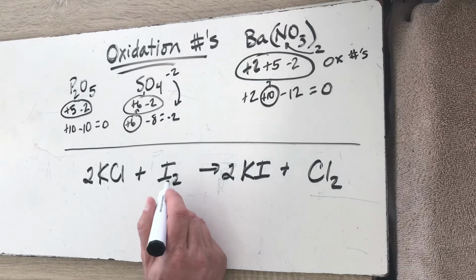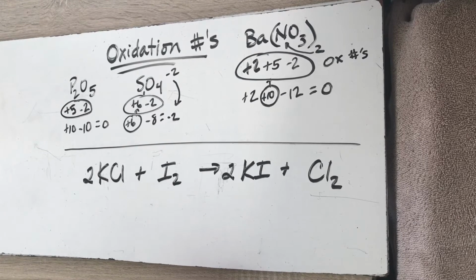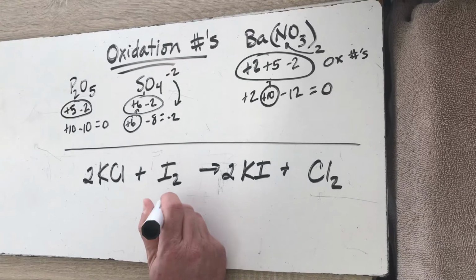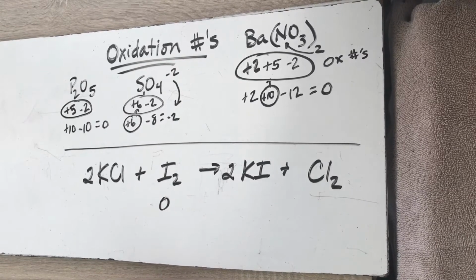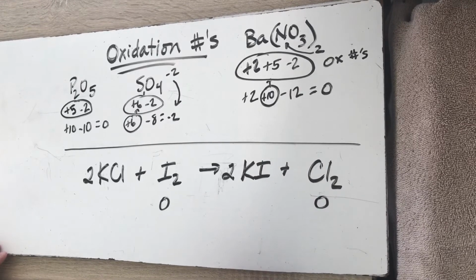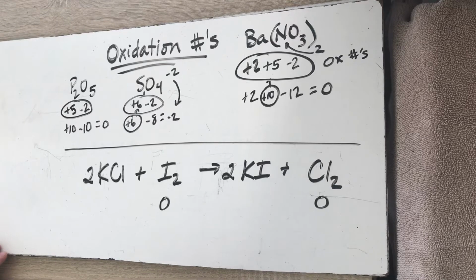So for example, pure iodine, I2, has the same number of electrons you would see on the periodic table, same as its protons. It's going to be neutral overall. It hasn't traded electrons with anything yet, hasn't accepted or given any away. So every pure element that's by itself is 0. Iodine is going to be neutral. Over here, chlorine's by itself. It's not combined with anything else other than another chlorine atom, which is identical, so it's going to be 0.